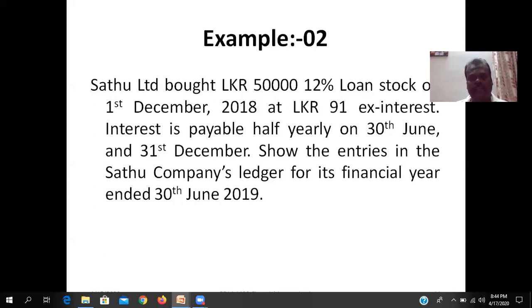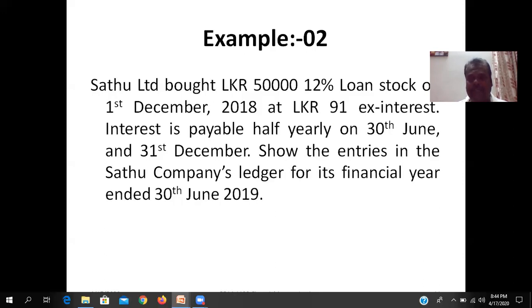So then we had to compute the interest. So you can clearly observe this example. This investment was purchased on 1st December 2018. So then what is the next date of interest calculation? That is 31st December 2018.